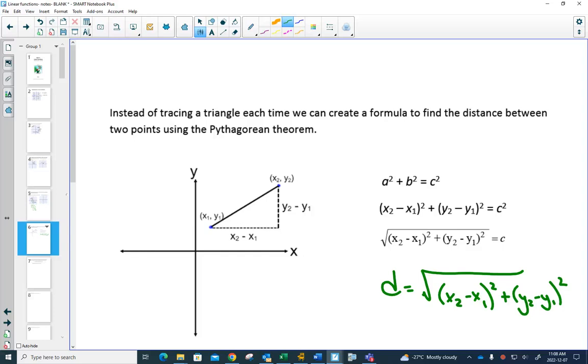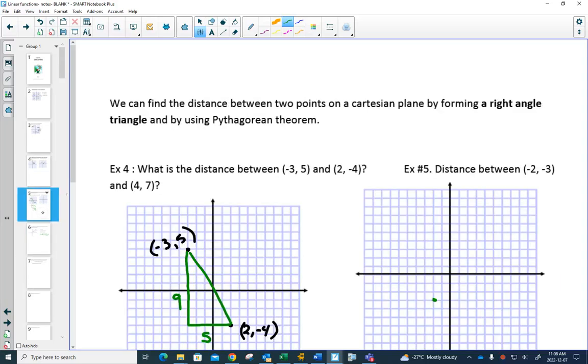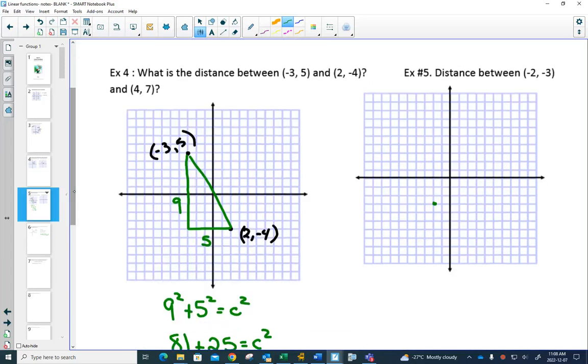Okay? If we go back to the last example, once you had your 2 points, you counted how much this was to be 5, and you counted how much this was to be 9. Can you see that this 5, which is my distance between my x coordinates, I could have found by taking 2 and subtracting -3?